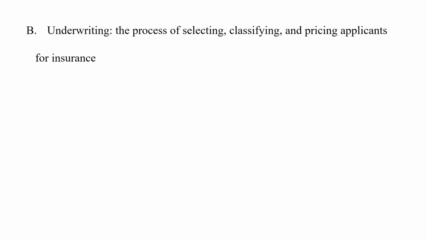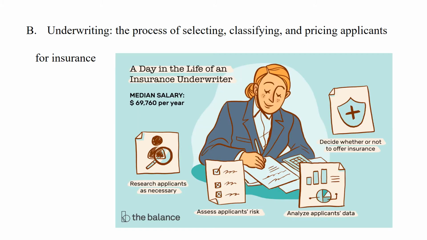Let's see the next department, underwriting department. Underwriting department is also very important. An insurance underwriter needs to select, classify, and price applicants for insurance. An insurance underwriter needs to decide whether or not to offer insurance.